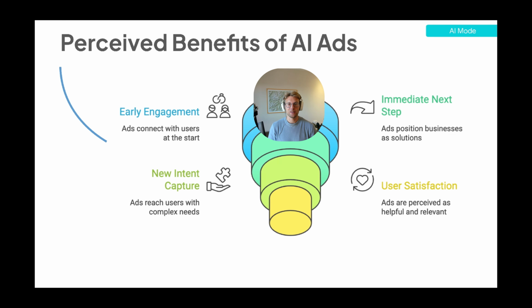Some of the benefits and potential advantages of ads in overviews are that you can reach users early in the journey. So you have early engagement. AI overviews often find users in their exploration stage by appearing in those AI responses.